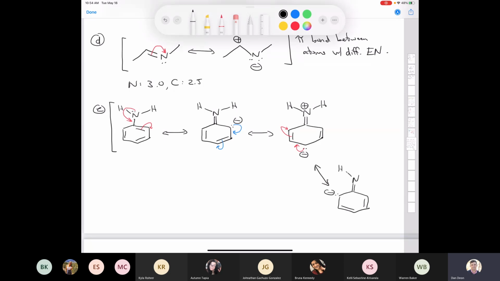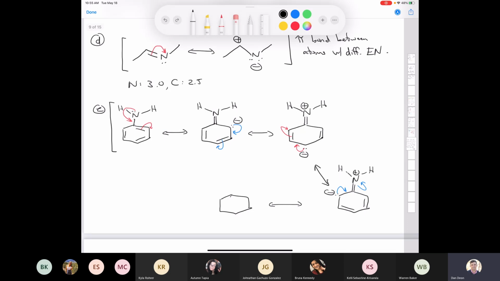I have my nitrogen and a positive charge on it. And then I still have another allylic lone pair. So I have a lone pair, single bond, double bond. So same thing. I'm just repeating the same pattern over and over and over. There we go. And now we're going to start right back from whence we came.